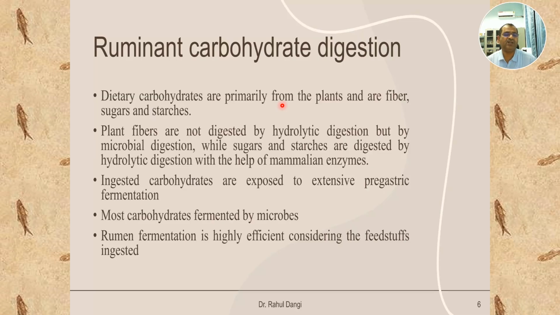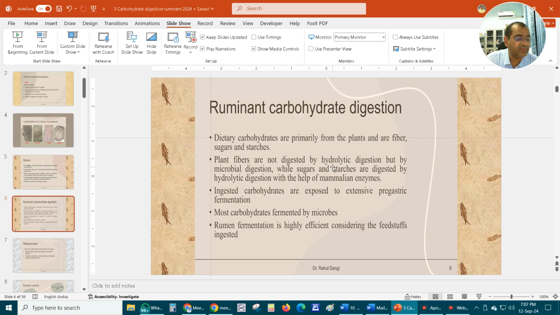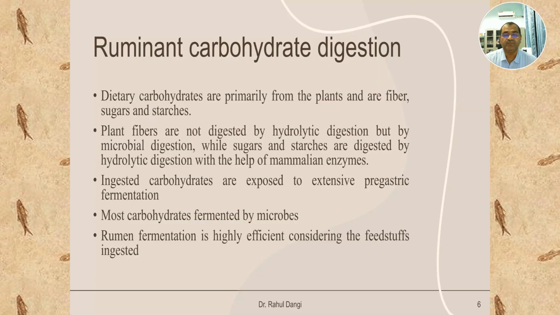Plant fibers are not digested by hydrolytic digestion but by microbial digestion, which is an important step in ruminants, while sugars and starches are digested by hydrolytic digestion with the help of mammalian enzyme systems.